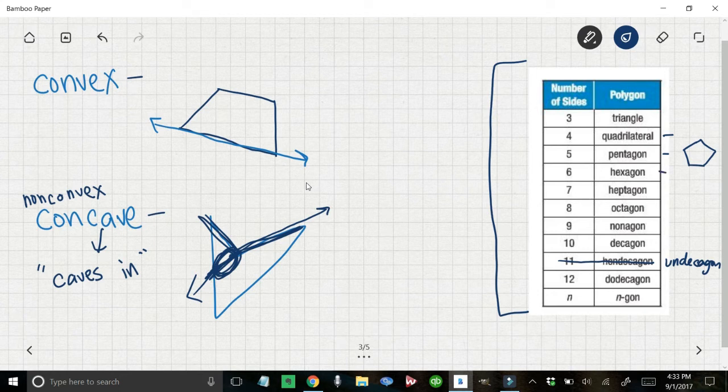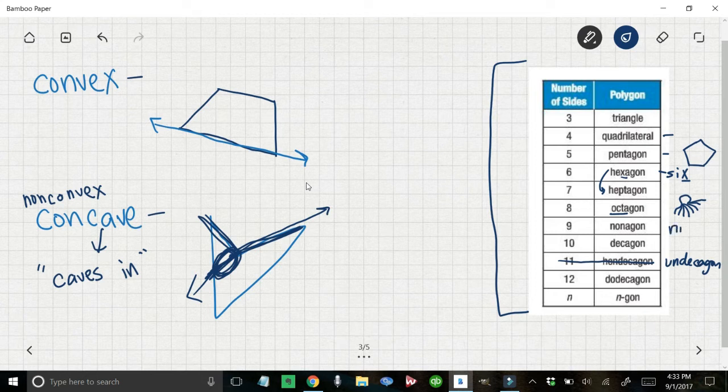Hexagon has 6 sides, and the way I always remember that is 6 has an X and hexagon has an X, so that might help you too. Heptagon is right after hexagon. It also has an H. Octagon, I think of an octopus. So with its 8, let's see, 1, 2, 3, I think I only got 7. With its 8 tentacles, octagon has 8 sides.